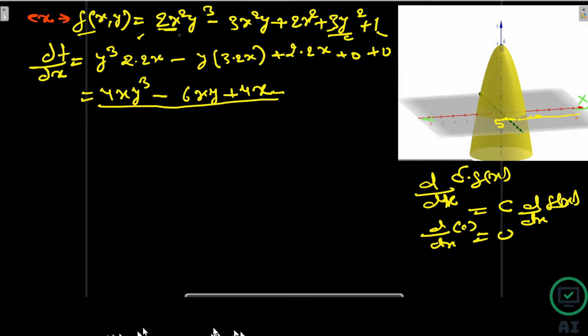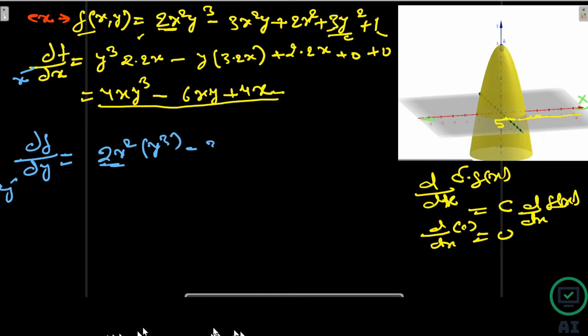Now let's do the partial derivative with respect to y. Here we have done it with respect to x; now we will do it with respect to y. Wherever y is there, we keep x as a constant. So in 2x²y³, 2x² is constant.